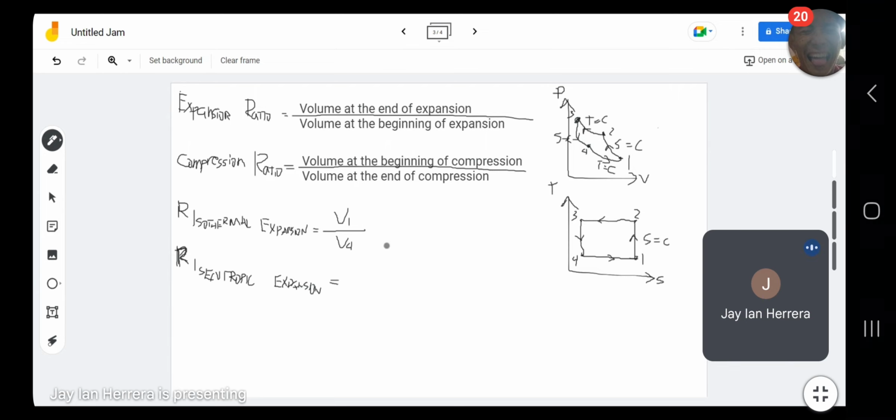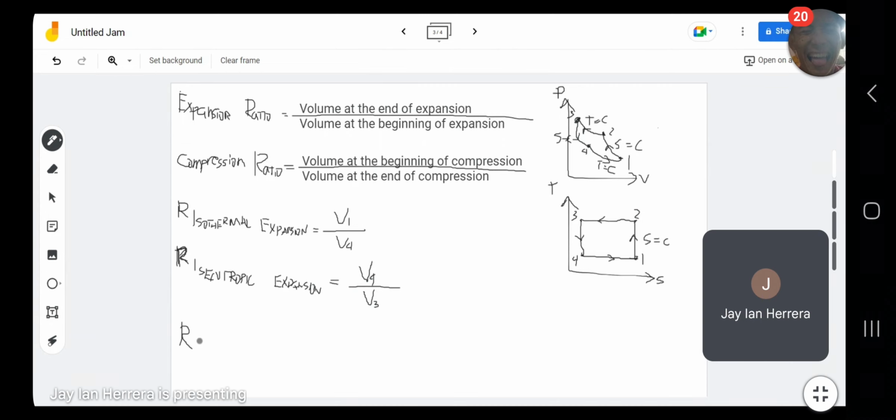So for this, expansion ratio is volume at the end of expansion over the volume at the beginning of the expansion. So that is V3. And this is your isentropic expansion naman. And then tuloy lang natin for compression ratio.